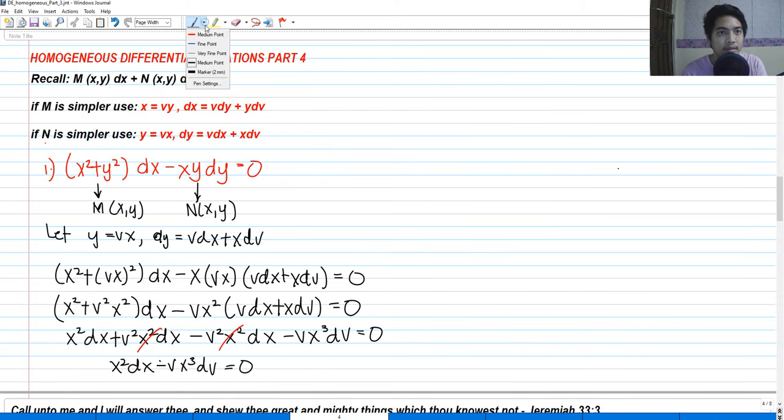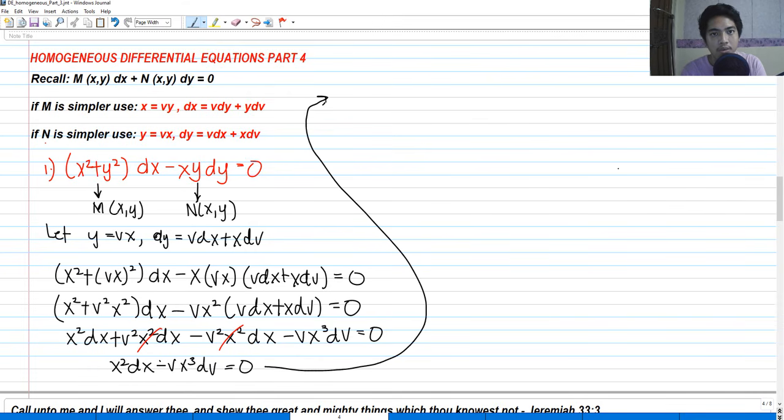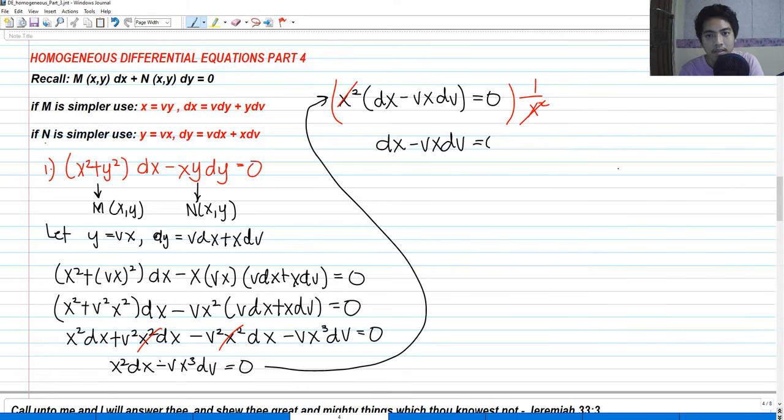Okay, so continuing our solution, I can factor out x squared, because it's common here. So we have dx minus vx dv equals 0, after dividing both sides by x squared, so this cancels.